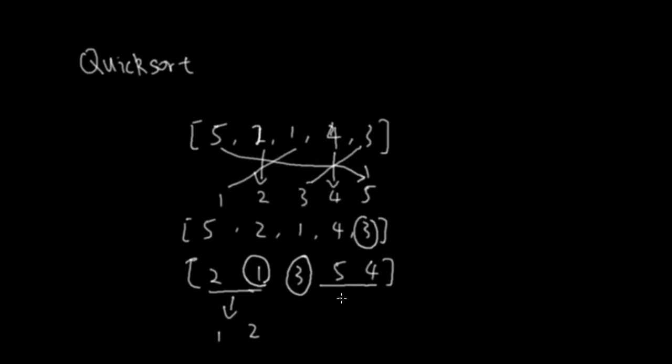And then we look at the right part of the array, and we use 4 as a partitioning pivot, and to partition this part of the array, then it will become 4, 5. And 3 is in here, so the entire array is sorted. And that is the idea of Quicksort. It is really simple, isn't it?